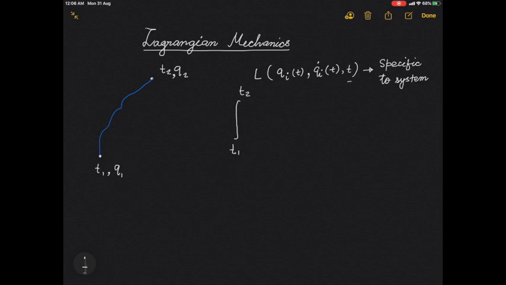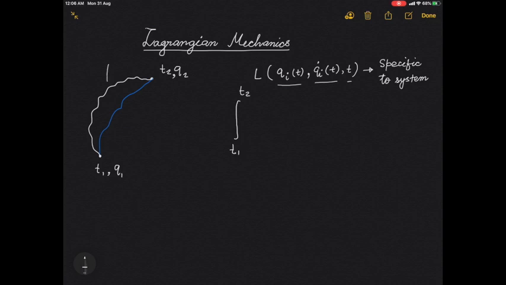One is of course time, and the others are how q changes with time and how q dot changes with time. Which means to calculate this function between t1 and t2, I need to know a path in this configuration space over which I will calculate my function L.